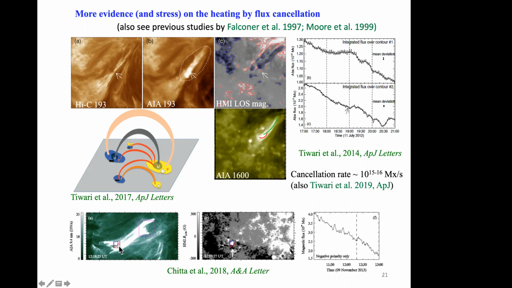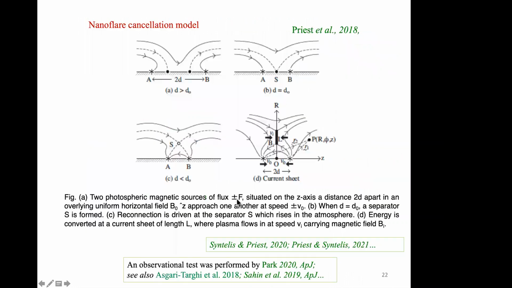Jitta et al. found hot loops in AIA 94 are rooted at magnetic flux cancellation sites. In the core of the active region, we found many tiny dots, which could be small loops. Loops and surges also show magnetic flux cancellation. And everywhere in these papers, we found cancellation of the order of 10^15 to 10^16 Maxwell per second.